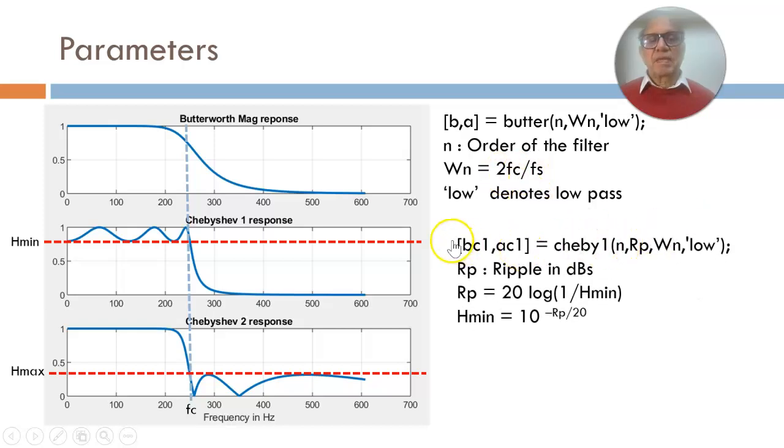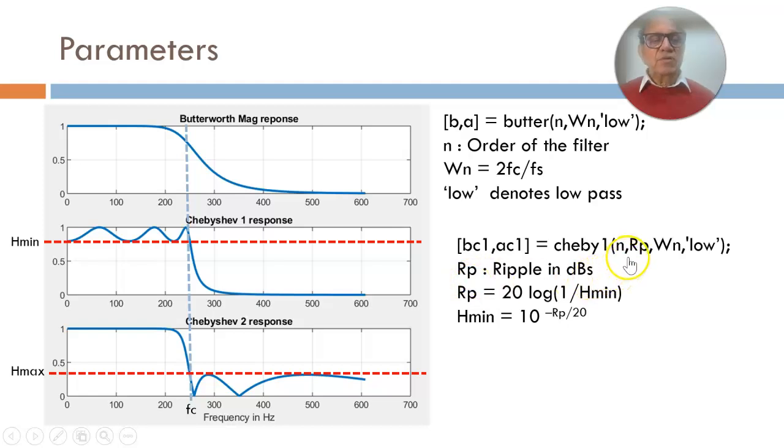So remember, that was fc divided by fs by 2, that translates to 2fc divided by fs. For Chebyshev, let's call them as BC1, AC1, N, and now you have an additional parameter here, that is ripple. You did not require this in Butterworth because there is no ripple here, but in Chebyshev 1 there is a ripple. So this Rp is specific. Before you call this function, Rp has to be specified, and Rp is specified as the ripple in dBs. So this may be 1 dB, 0.1 dB, 2 dB, and so on.